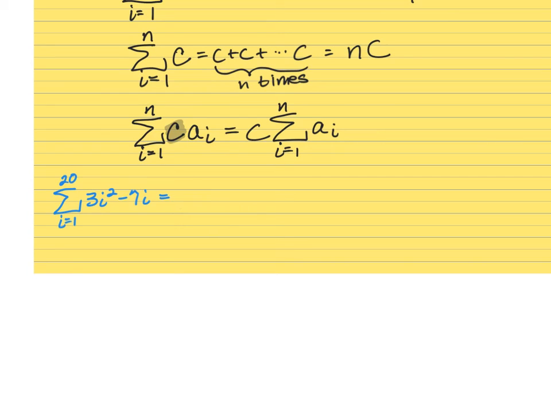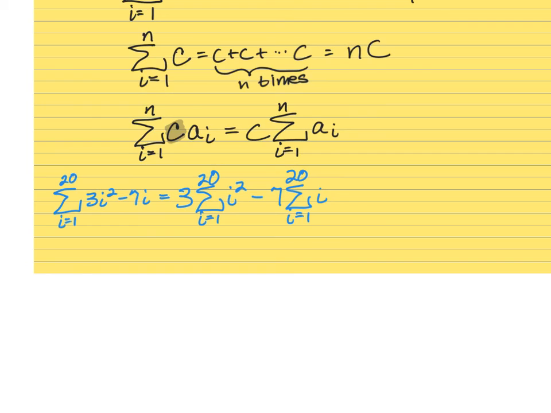I can rewrite it as 3 times the sum i equals 1 to 20 of i squared, minus 7 times the sum i equals 1 to 20 of i. So I pulled those coefficients out, and then I can just subtract the terms individually. It's almost like I'm distributing this summation notation.